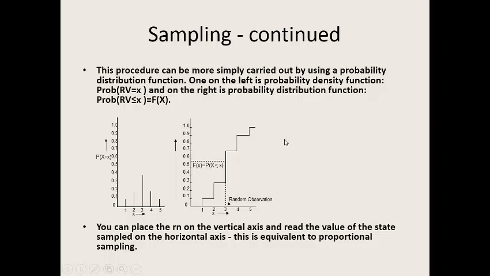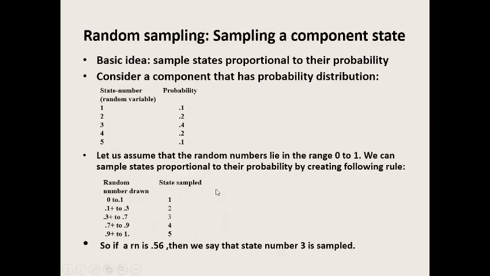Now if we draw a random number the same way as before, and it's 0.56, it falls here, then state 3 will be drawn, and you can see that this is really equivalent to the same rule, because these projections like this and like this are equal to the ranges specified over here.